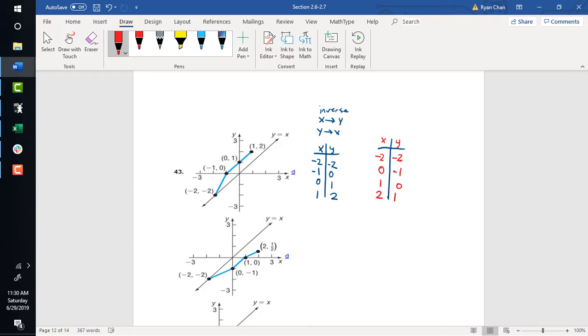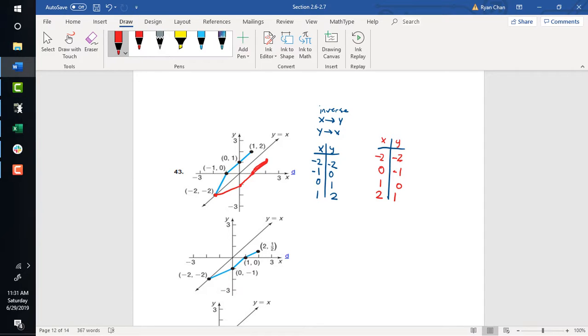Okay? So I have -2, -2, -1, 0, 1, 0, and 2, 1. And if I connect these points here, it looks like this. Okay, like the following.